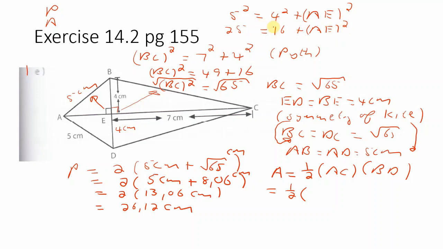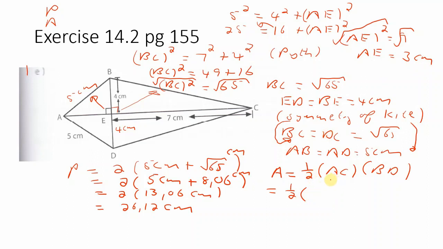So now we can swim the 16 across the river to join the 25. 25 minus 16 is 9. So AE squared equals 9. We can take the square root of both sides, so therefore AE is simply 3. 3 times 3 is 9.